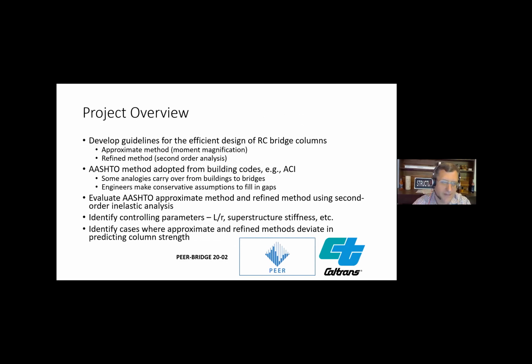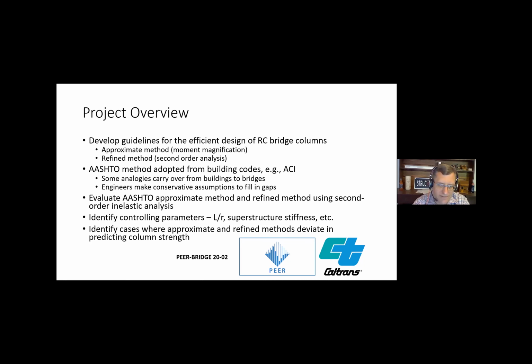Okay, so project overview. We want to develop guidelines for the efficient design of RC bridge columns. We're probably familiar with the approximate moment magnification methods, as well as refined second order, either elastic or inelastic analyses. The AASHTO methods have largely been adopted from building codes such as ACI.